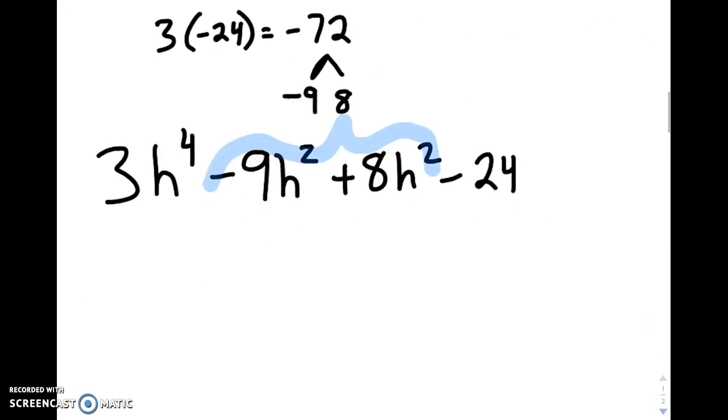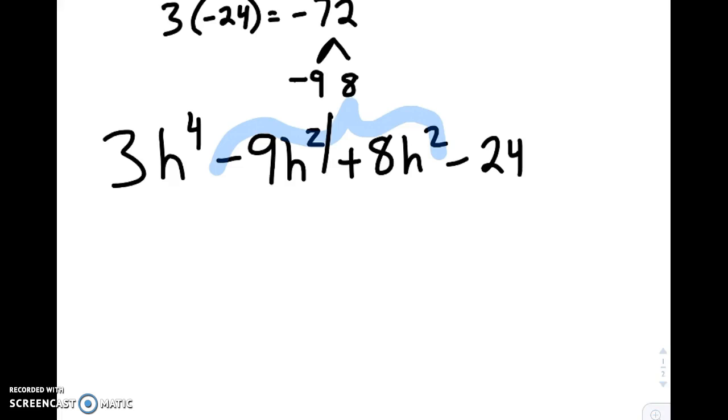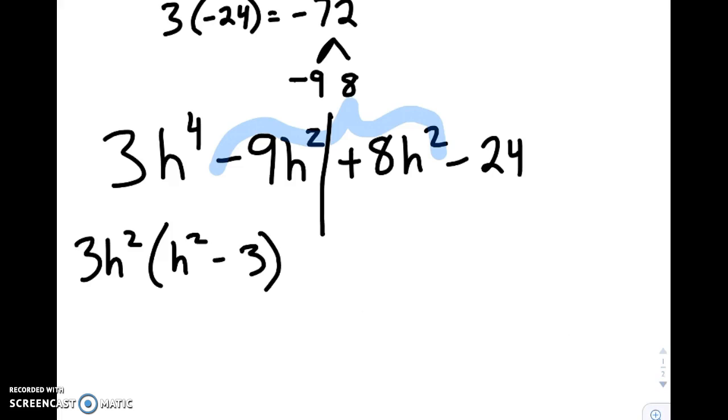And we factor this by the same method we factored the one on the left. We factor by grouping. What's the biggest thing I can take out of the two terms on the left? It's a 3h squared, leaving me with an h squared minus 3 over here. The biggest thing I can factor out of the two terms on the right is simply an 8, leaving me with an h squared minus 3.